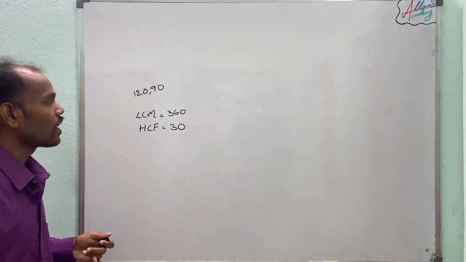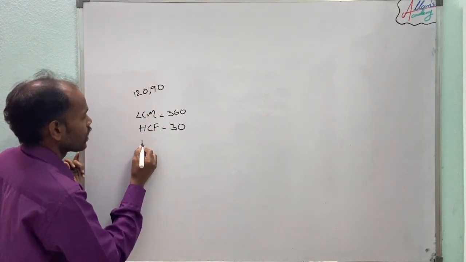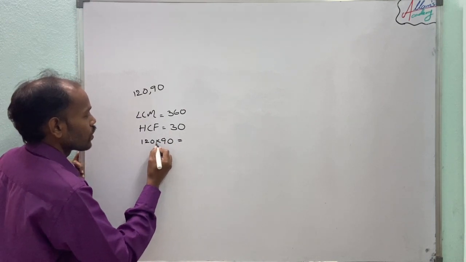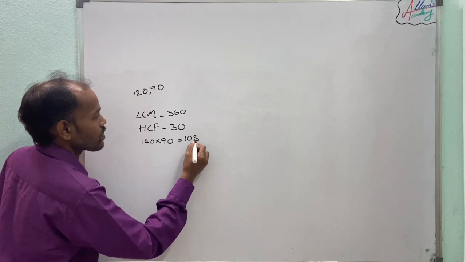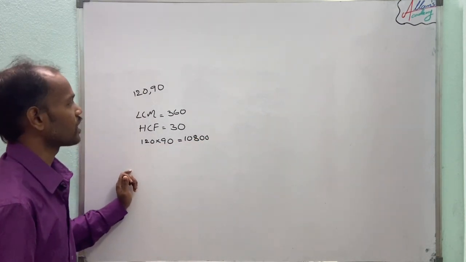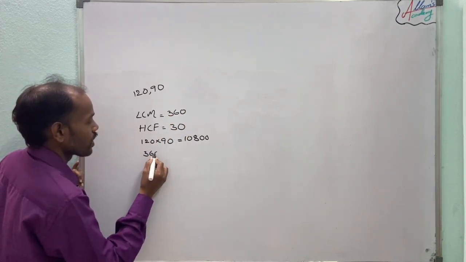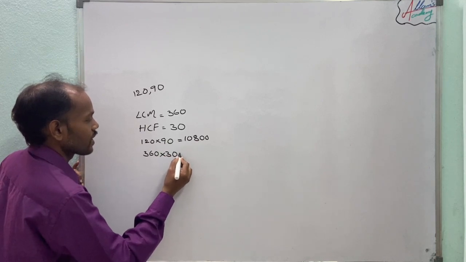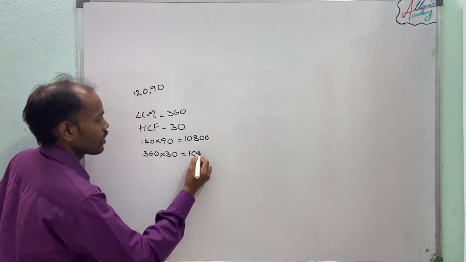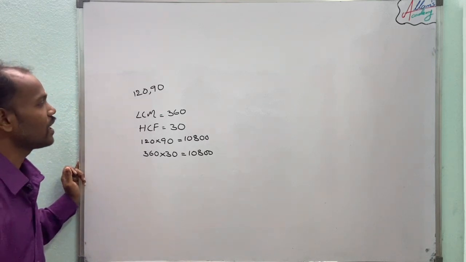We found it. Now if we observe the product of the two numbers, 120 into 90 is 10,800. Now observing the product of LCM and HCF, 360 into 30 is also 10,800.